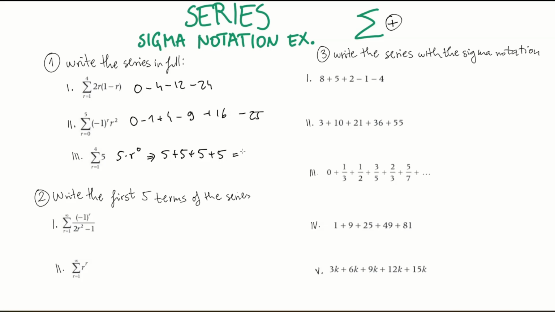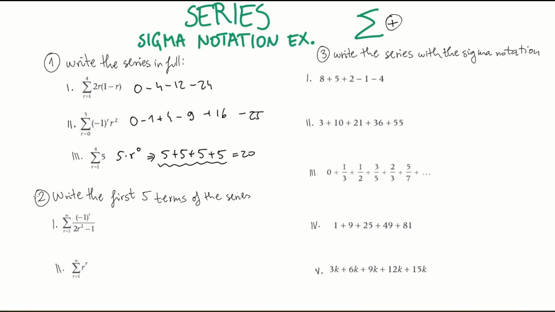So we basically get 20, but that is all the terms of this sequence, even though we had no r previously written. So be sure to do something like that if you ever encounter a problem without an r, but just with numbers.